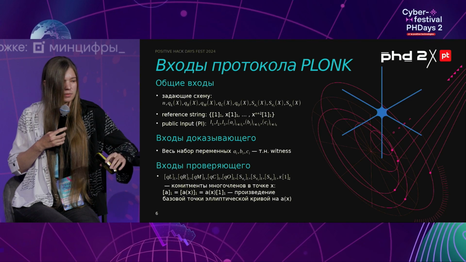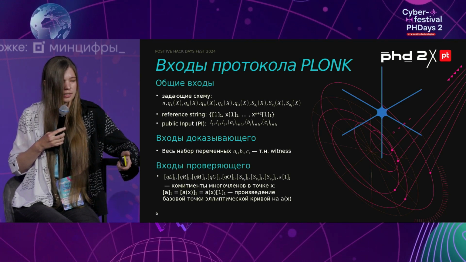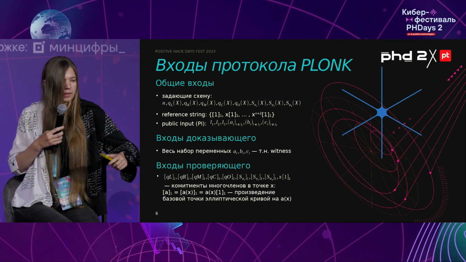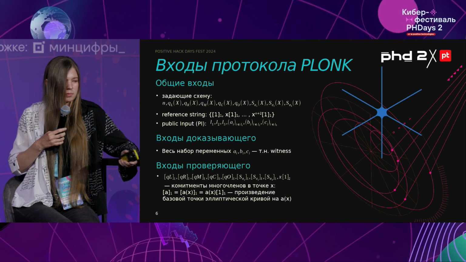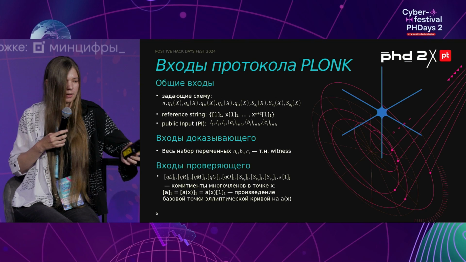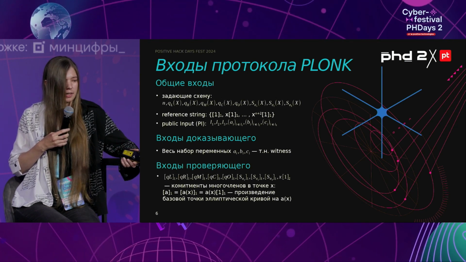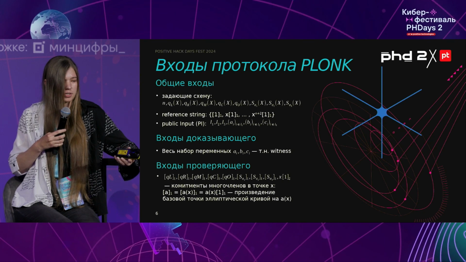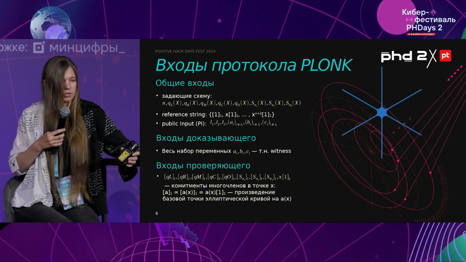And here's the reference string. It's the base point of the elliptic curve, which is multiplied by certain numbers of x, and the x is secret, and it's killed straight after this string is formed. So neither the prover nor the inspector knows. It proves the knowledge of that.